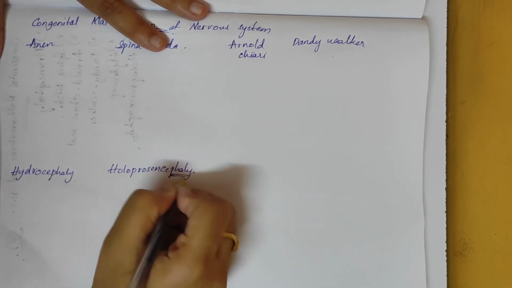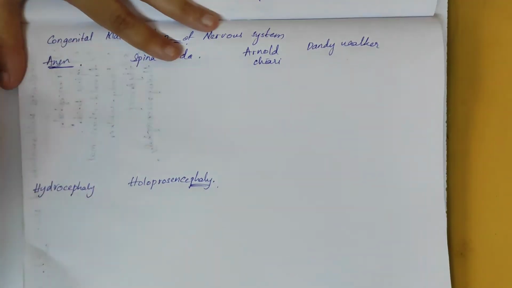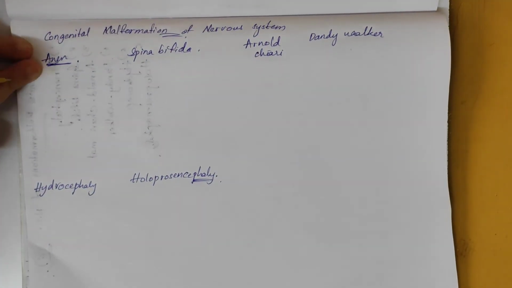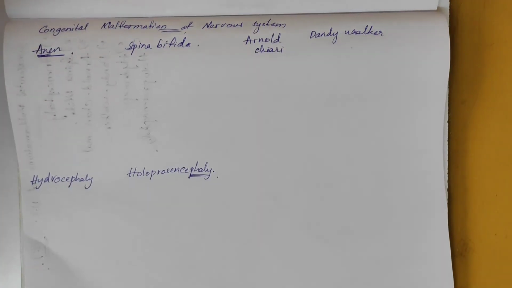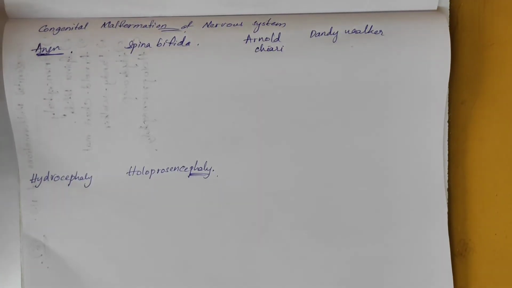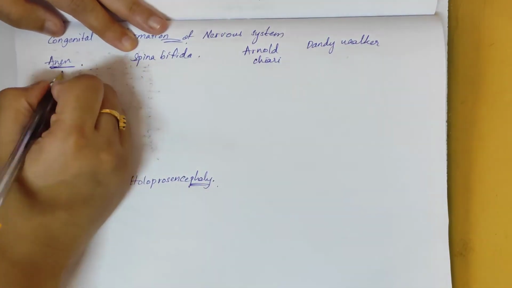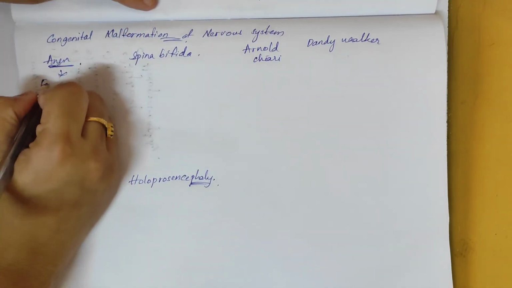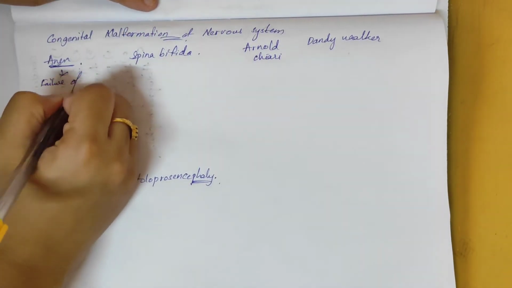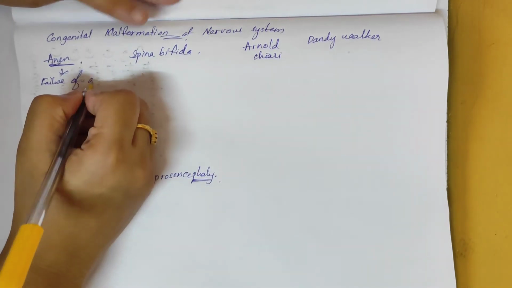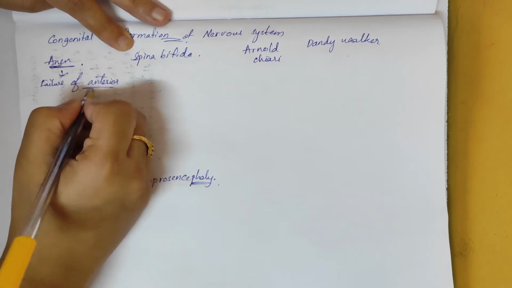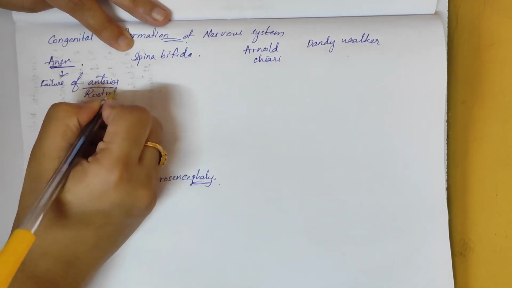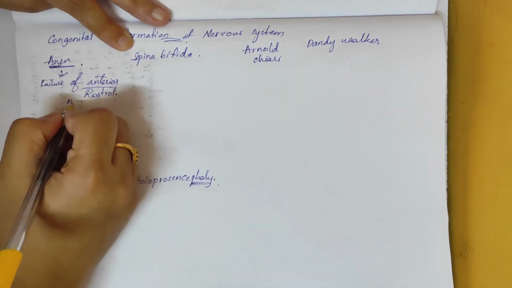Coming to anencephaly, we discussed anencephaly and polyhydramnios previously, and now we're going to discuss it. What is anencephaly? Anencephaly is the failure of the rostral or anterior neuropore to close.